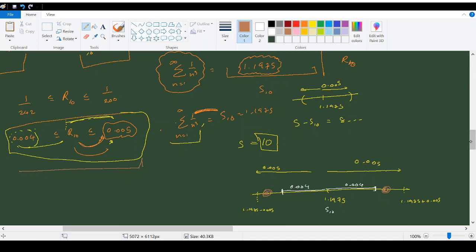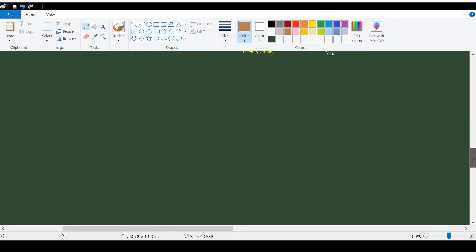If we summarize what we have done so far, initially we had a series, 1 divided by n cubed. From a different test, the p-test, we said that the series converges.